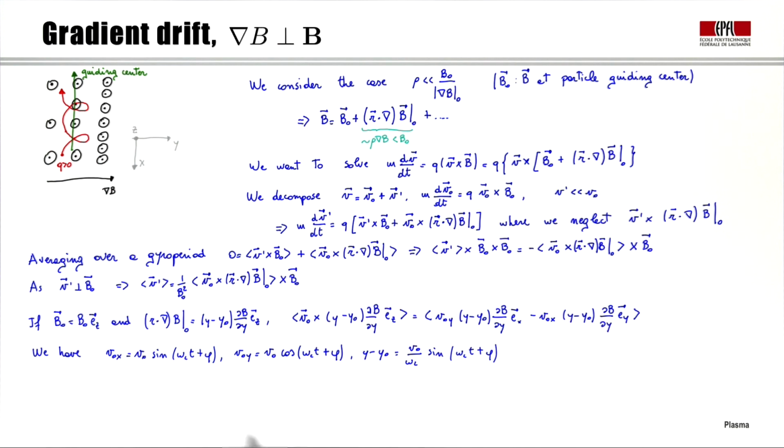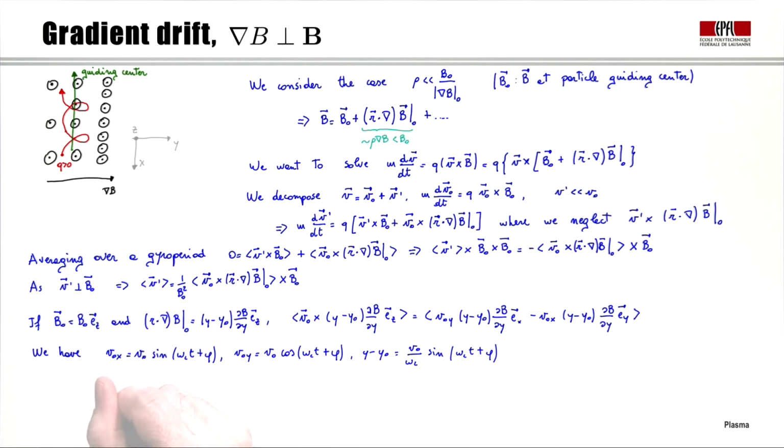Now we can plug this expression of V0x, V0y, and y minus y0 into here, evaluate the gyro average, cross it with B, and what we obtain is V prime.